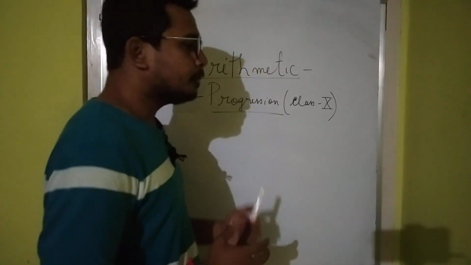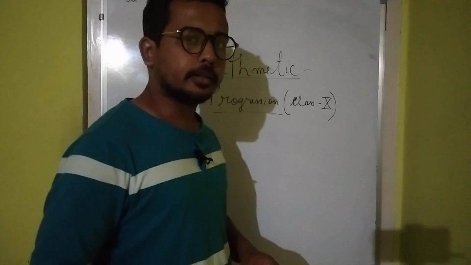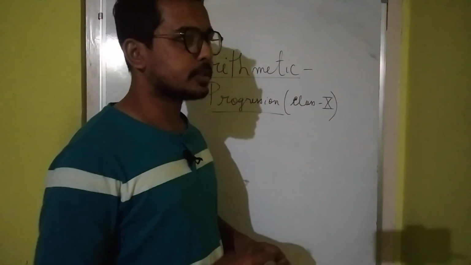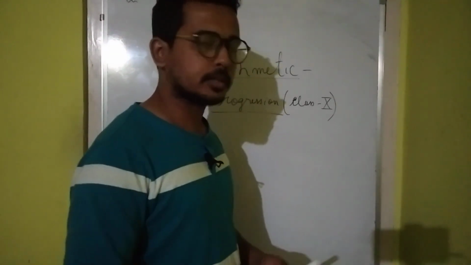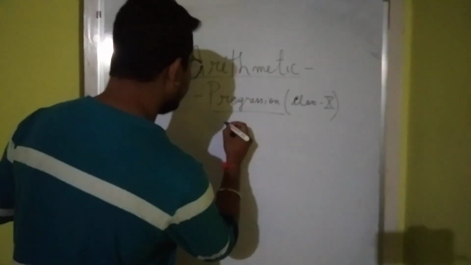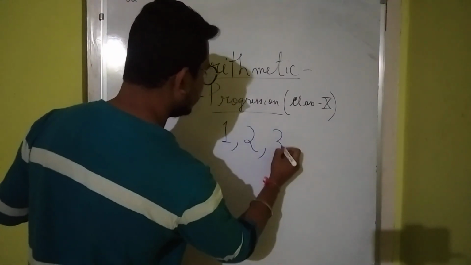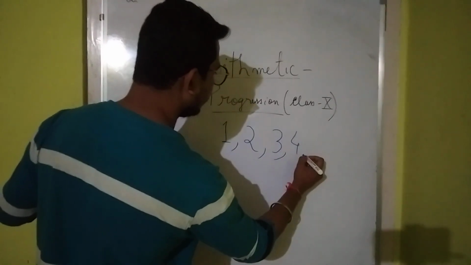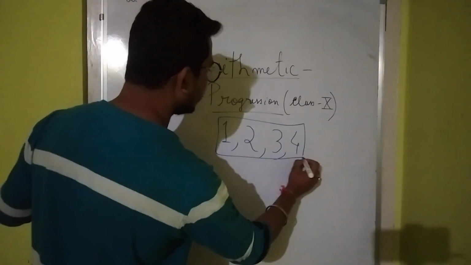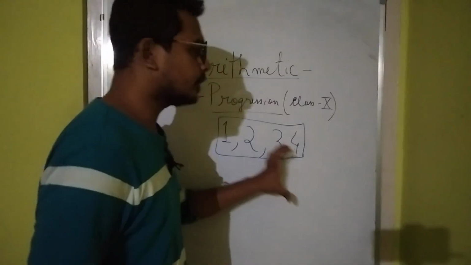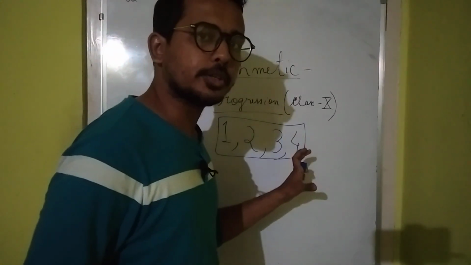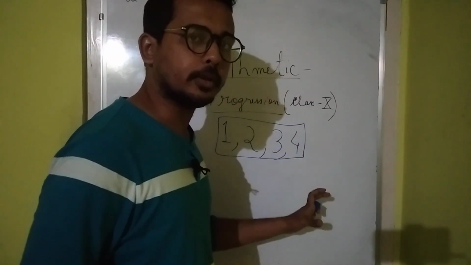So what do we mean by arithmetic progression, right? Progression means it's a sequence. See, if I give you some numbers 1, 2, 3, 4, these 4 numbers are in arithmetic progression or in arithmetic sequence.